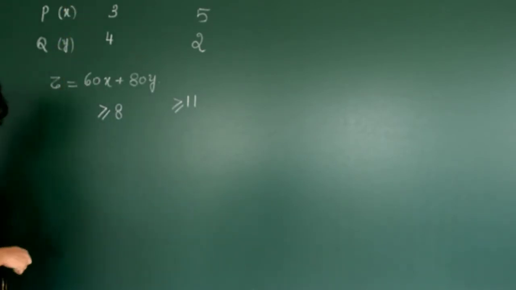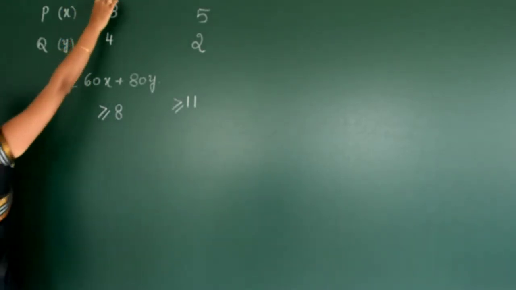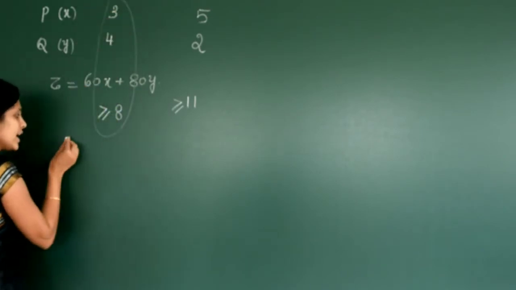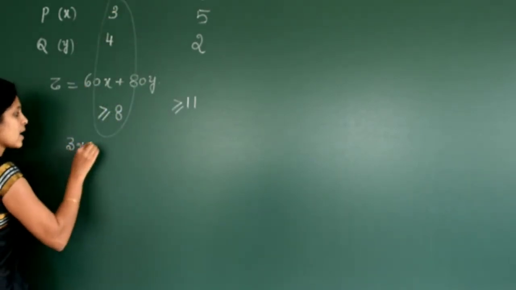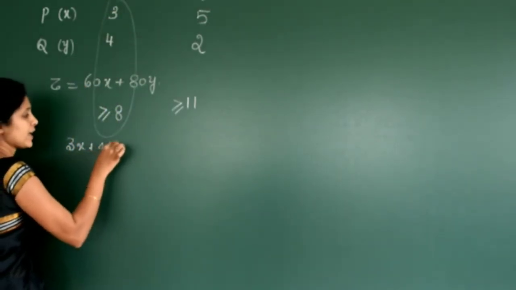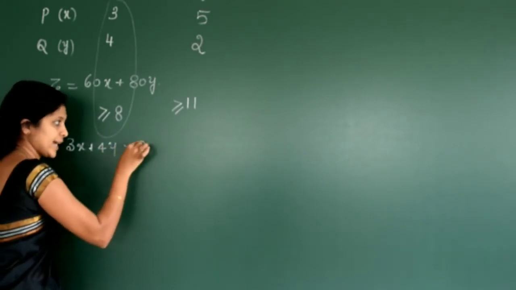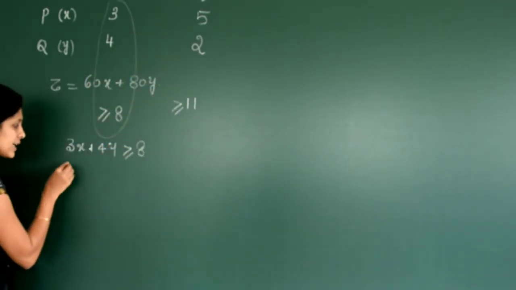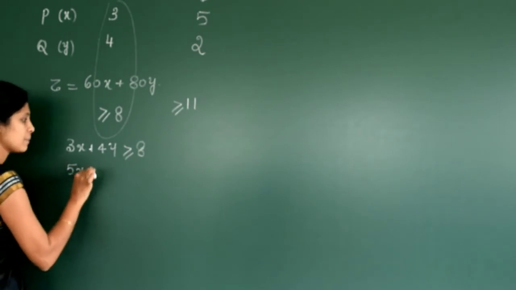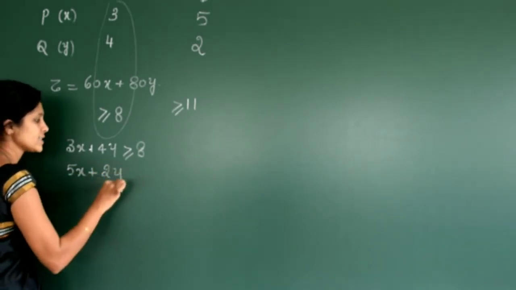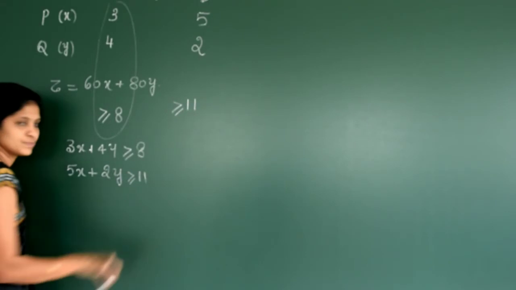By using this we can form the equations. The first one is 3x plus 4y is greater than or equal to 8. Second will be 5x plus 2y is greater than or equal to 11.